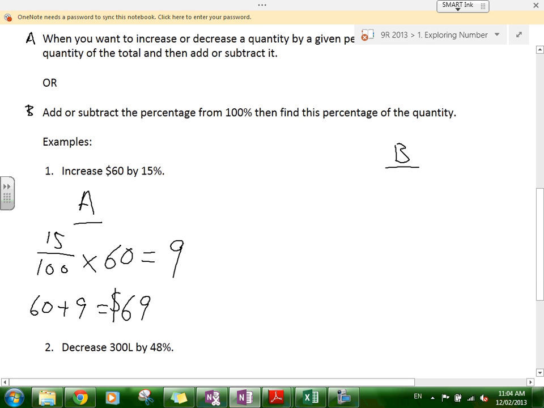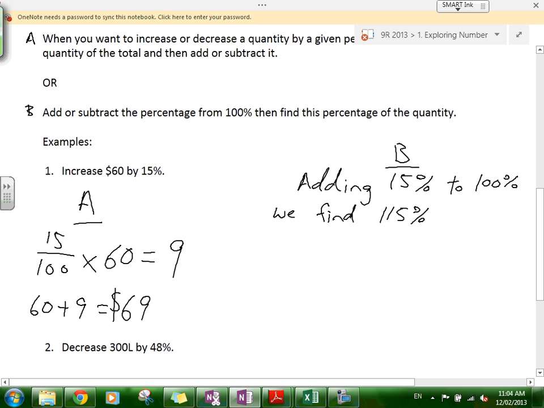The other method is, if we're increasing something by 15%, what we're actually finding is 115% of that quantity. Adding 15% to 100%, we find 115% of the $60.